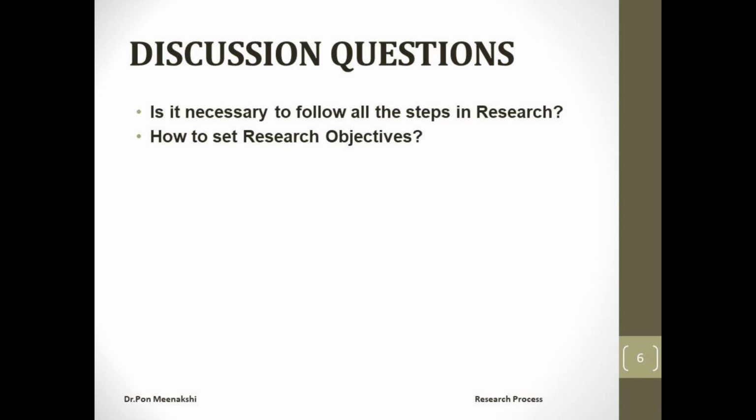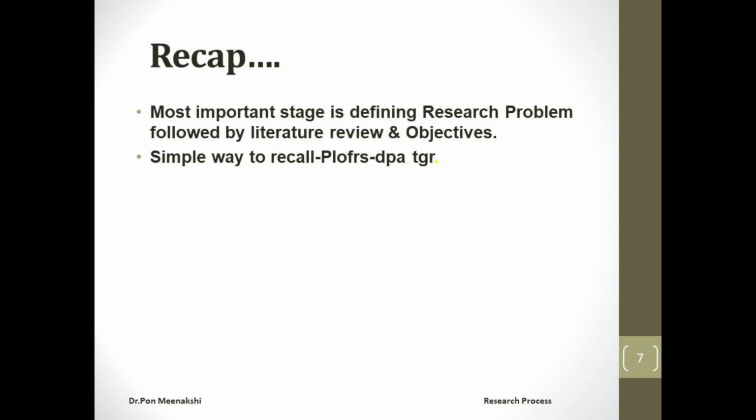Now we'll go with a small recap of the entire slides. The most important stage is defining the research problem. A well-defined problem is half solved. It is followed by literature review. I suggest you don't use the same study. Many people have studied customer satisfaction, employee satisfaction, working capital management and financial management.